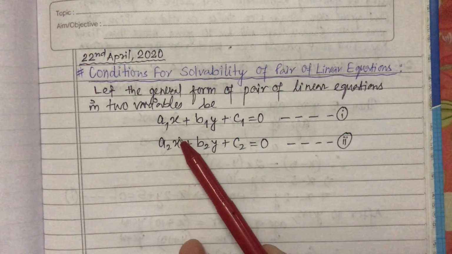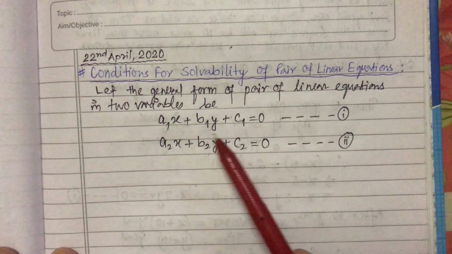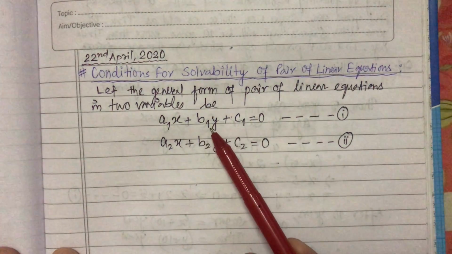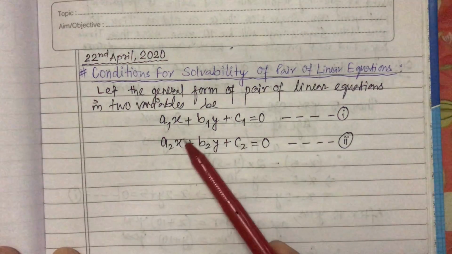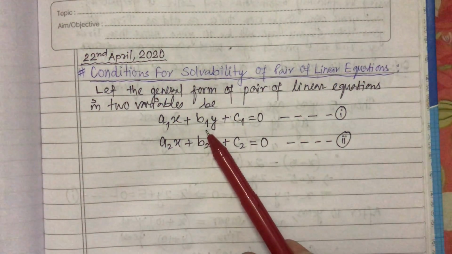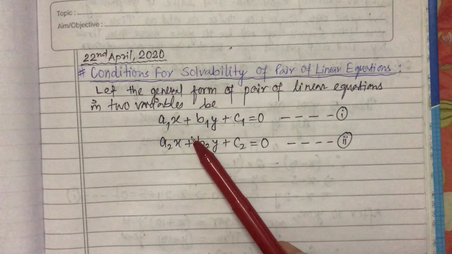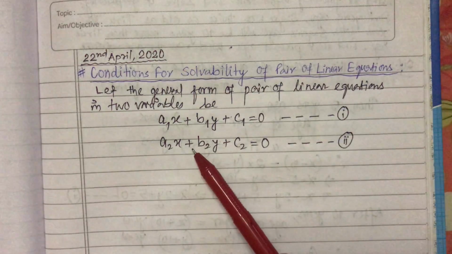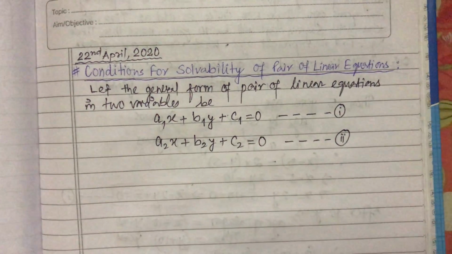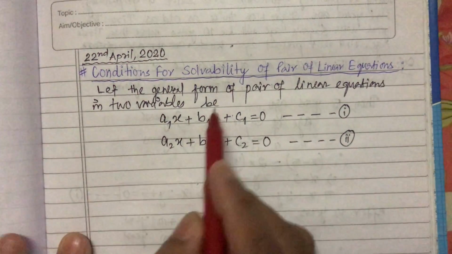That is the problem for us. If we get parallel lines, you will never get an answer. In the algebraic method, you cannot draw a graph, so without a graph it is difficult to tell whether the equation will have a solution or not. That's why this condition will help you to understand this.